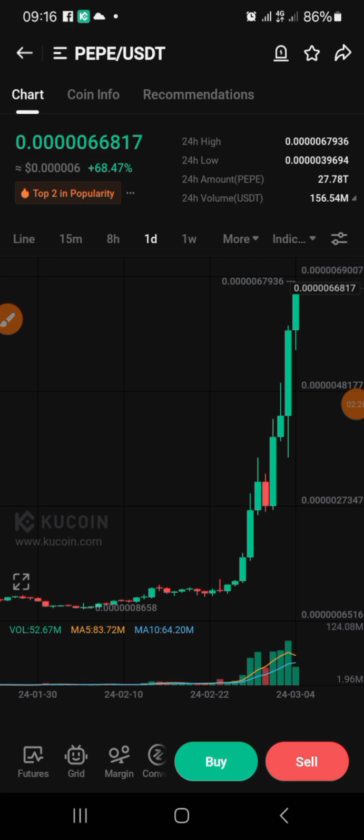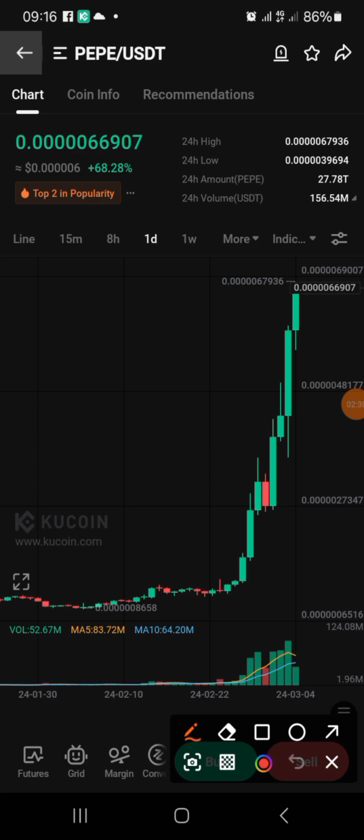When I say market pair, I'm talking about what the PEP is paired with. It's paired with USDT in this particular scenario. So what I will need to be able to buy this PEP and enjoy this kind of profit will be USDT. So the question will be, how do I get USDT?